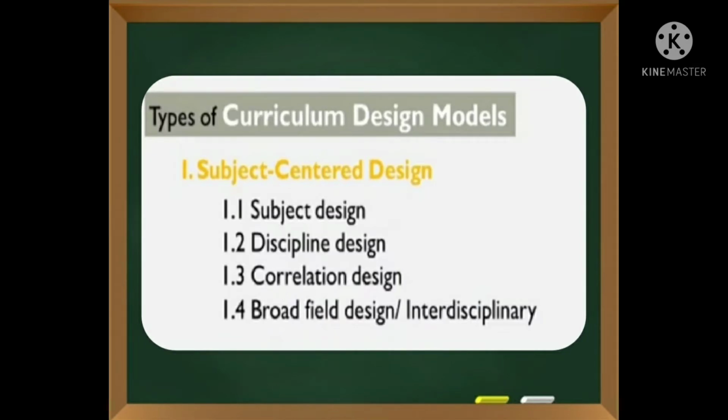Okay, before we go further, let's deal with the types of curriculum design models. So let's start with subject-centered design. This is a curriculum design that focuses on the content of the curriculum. This corresponds mostly to the textbooks because textbooks are usually written based on the specific subject or course.